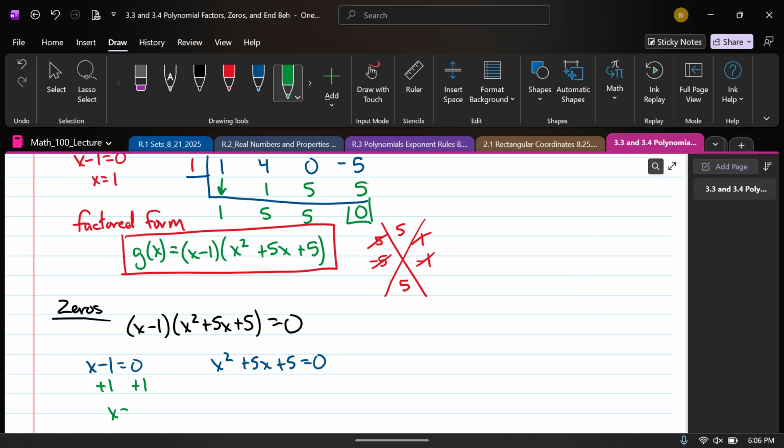This one's the easy one. You get x equals positive 1. We already know that x squared plus 5x plus 5 will not factor. We tried the x method, it won't factor. So what's my only way of solving that? Quadratic formula.